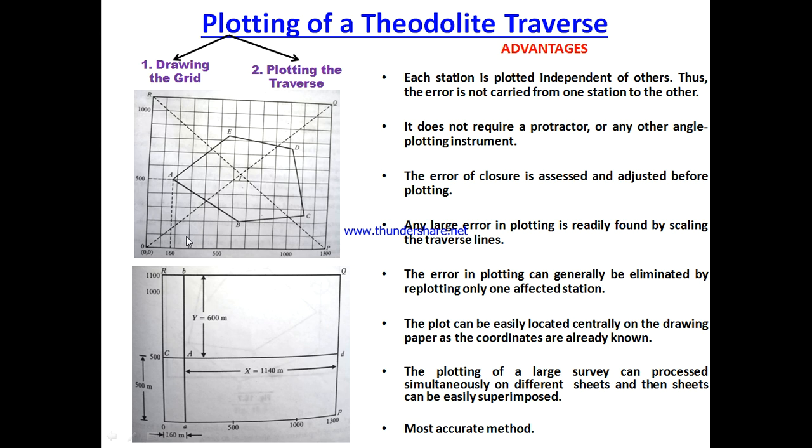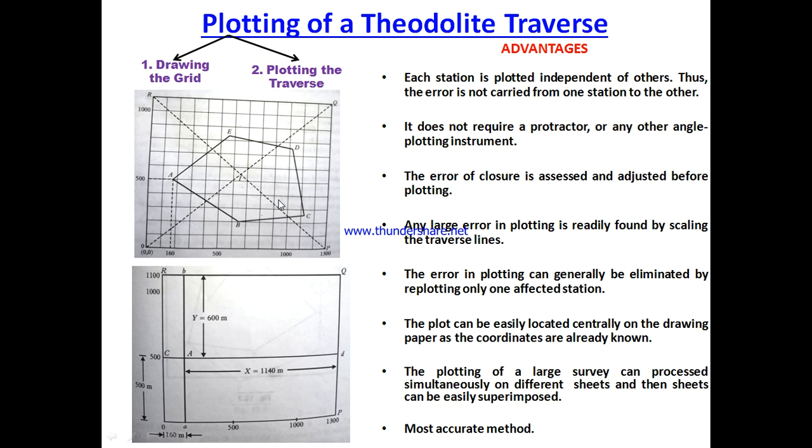We will measure this line from here to here, we will measure this line, and again this line, and again this line, and we will see whether the diagonals of the small squares formed by the grid lines are equal or not. If the lengths are equal, we can say that the grids are properly plotted. Now our area is ready to plot the traverse.